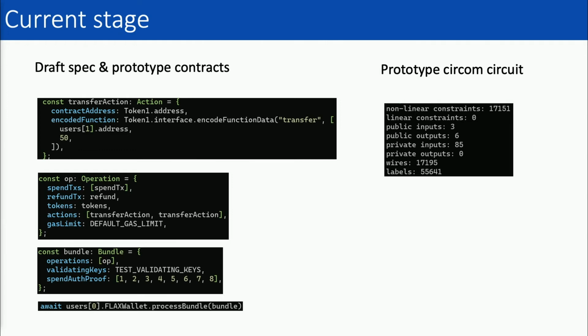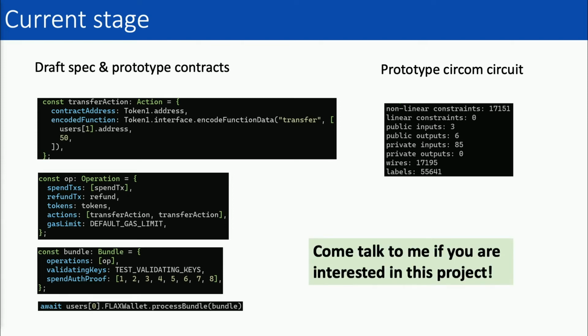The contract is complete, written by Kyle, and it works. And you can write this sequence of transactions in ethers and submit it, right? Our prototype contract has about 17,000 constraints. Please come talk to me if you're interested in implementing this. We're still trying to recruit to actually make this project a reality. And I'll stop here for questions.